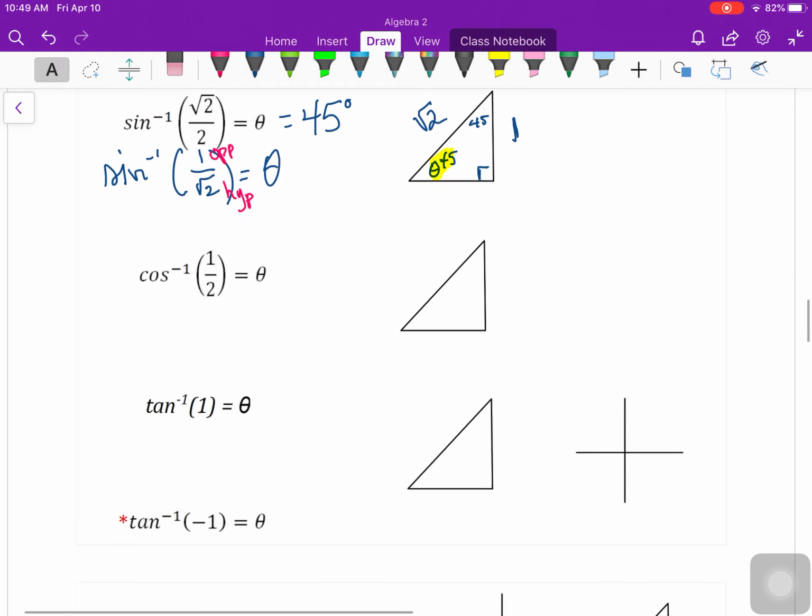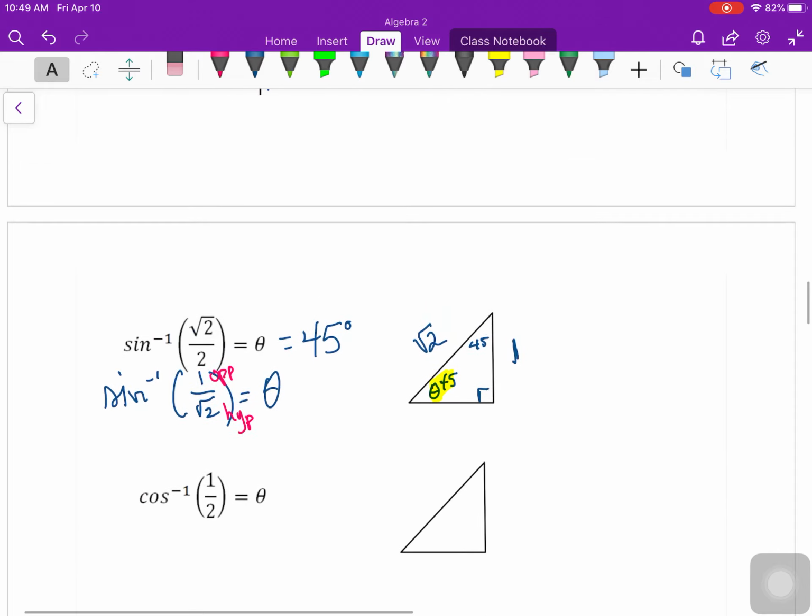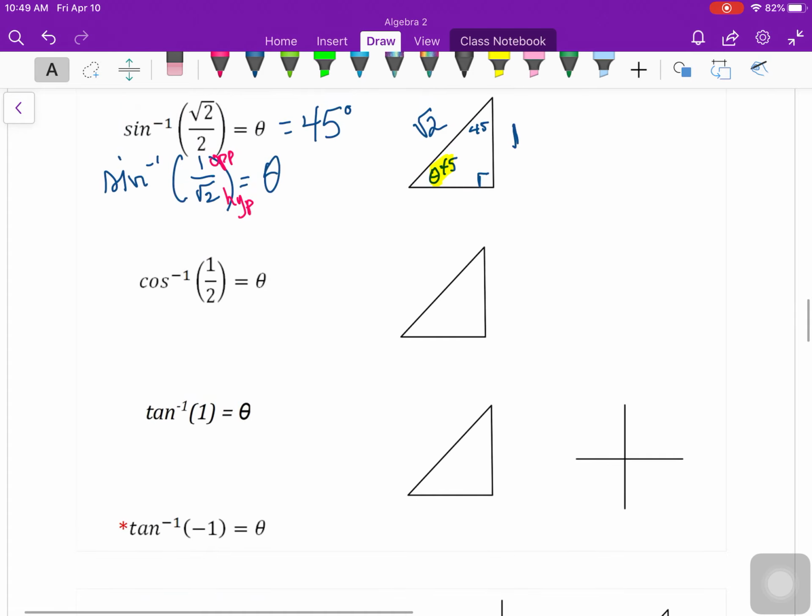All right, let's try a cosine inverse of 1/2. 1/2 doesn't need to be written in the version before it was simplified. So again, I'm going to draw my triangle, and I have my theta here, my right angle here. Cosine is adjacent over hypotenuse. So my adjacent is 1, adjacent to theta. My hypotenuse is 2.